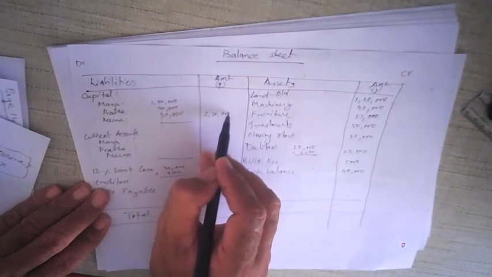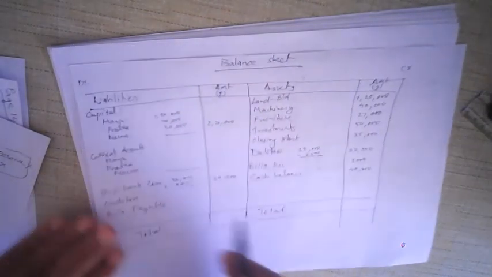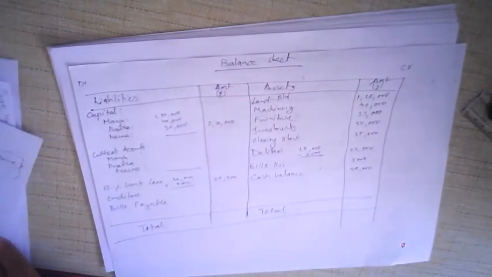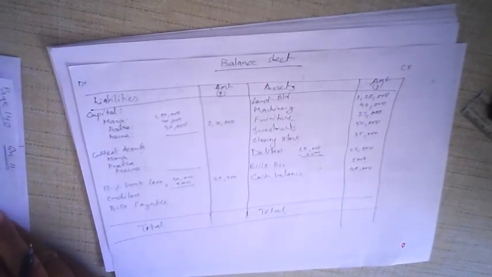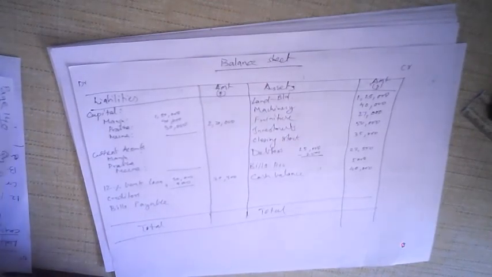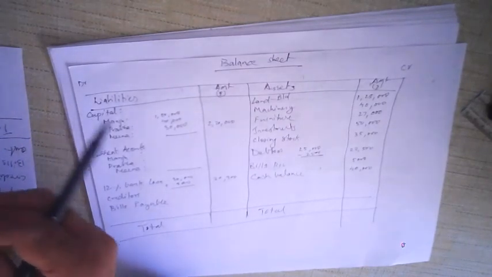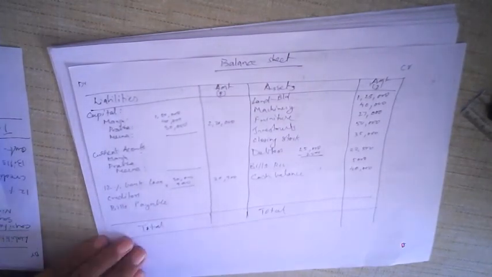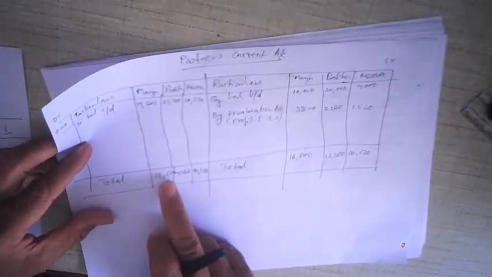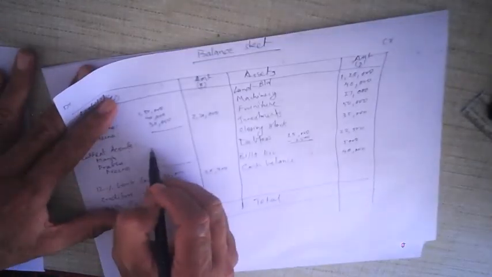There is no change here, but the current account will change, because according to the revaluation account, the partners current account we had prepared just now says Manju is 13,800.